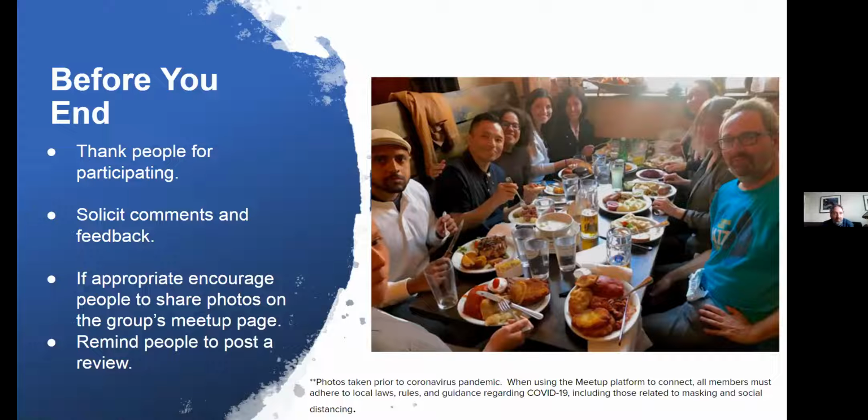But you can tell from people's body language, facial expressions, or how they respond at the end how they liked the experience. Encourage people to share photos on your Meetup group's page, and remind people to post their review, of course, which is important.